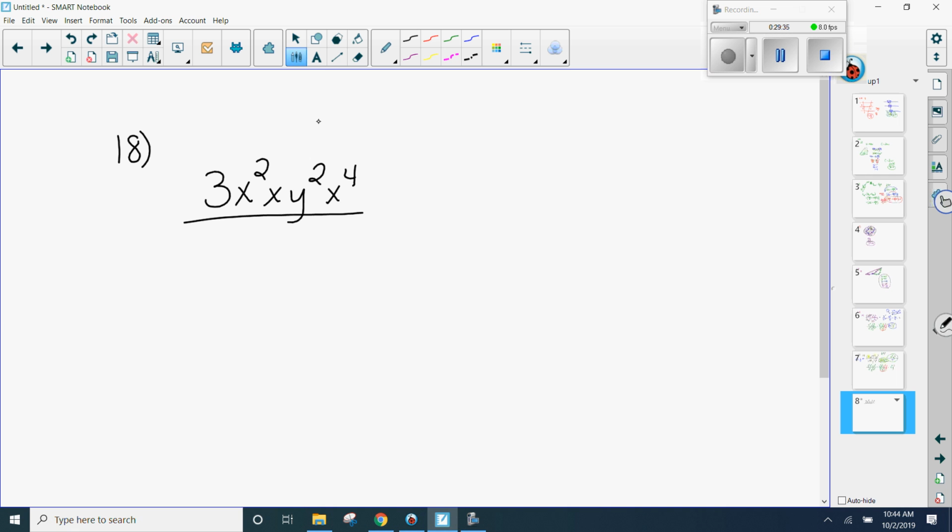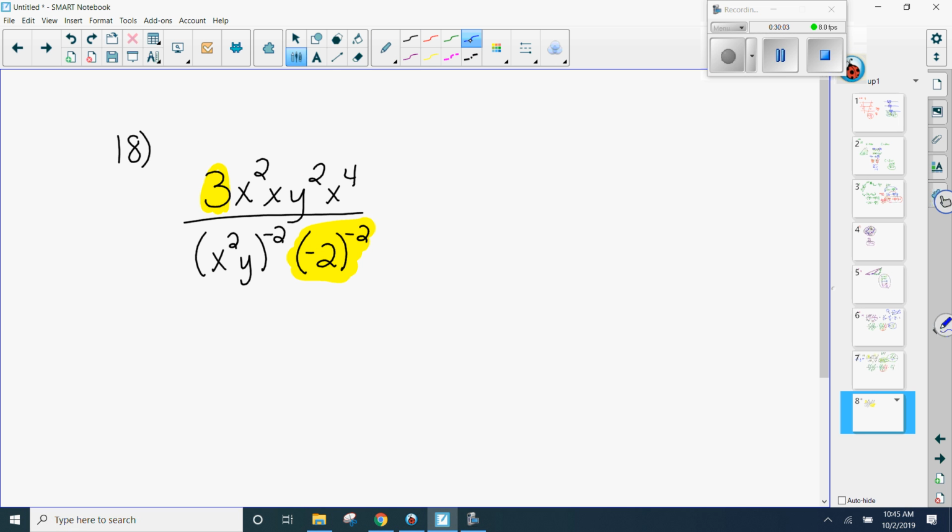In the denominator, you have x squared y to the negative second. And then you have the value of negative 2 to the negative 2 power. I just want to look at the numbers to come up with what I'm going to have for an answer for numbers. I have a 3 in the numerator, and then in the denominator I have this value.